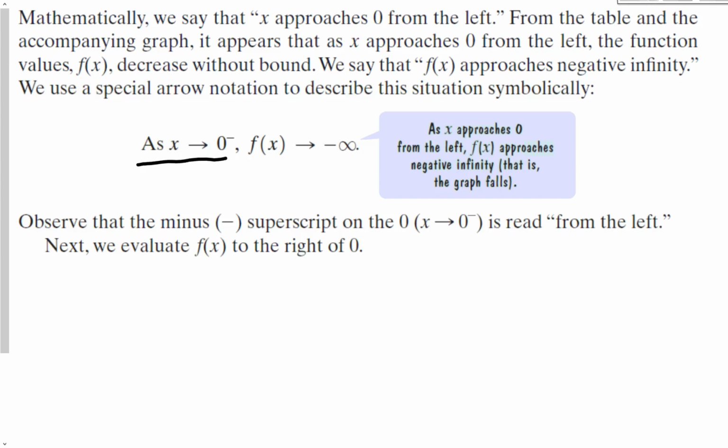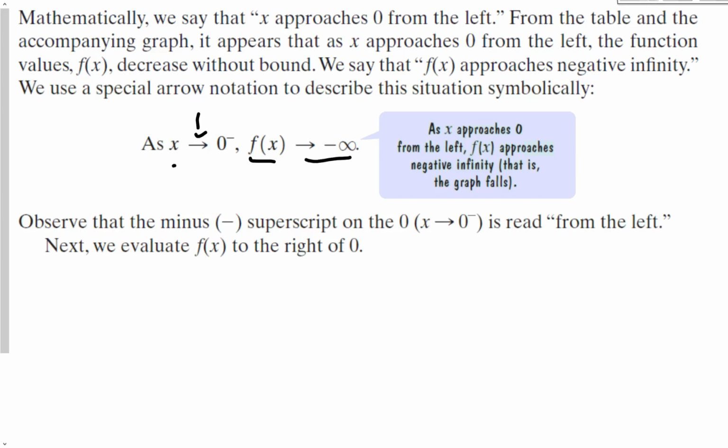So as x approaches 0, and this little negative right there means that you're approaching 0 from the left, because different things can happen in a function as you approach a number from one side or the other side. So you think about starting to the left of 0 and moving closer and closer and closer to 0. That's what this little negative sign means. Okay? So as x approaches 0 from the left, the answers get much, much, much smaller. F of x approaches negative infinity.